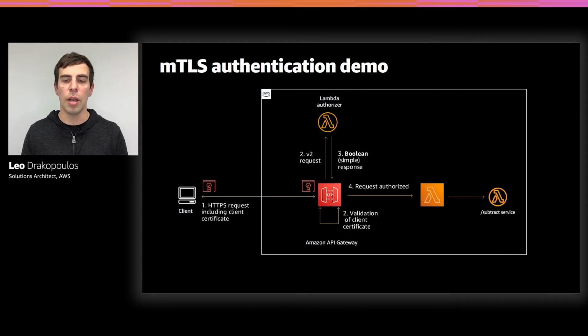And in addition, I'm also going to use a Lambda function as a backend service. And again, I'm going to subtract two numbers. So it's a very simple Lambda function. So provided that the request is authorized, this Lambda function will be invoked. So let's jump into the demo now.